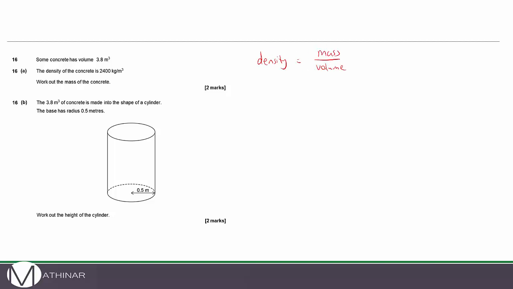So we need to rearrange this formula, multiply both sides by the volume, leaving us with volume times density equals mass. So the volume we know is 3.8, and that's meters cubed. And then the density is 2,400 kilograms per meter cubed. So make sure that those units are the same. So 3.8 multiplied by 2,400. This will give us the mass.